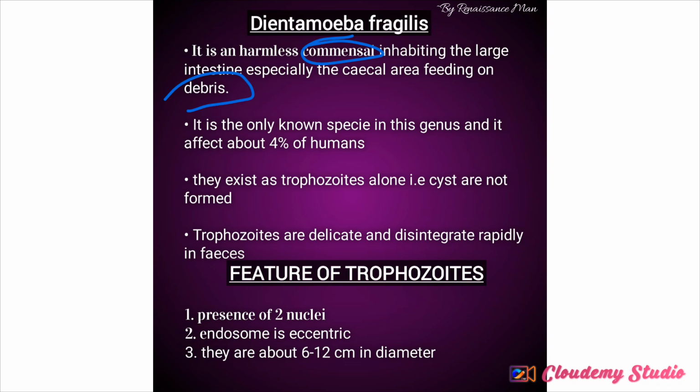There is nothing like a cyst. So they exist as trophozoites because initially an amoeba can exist in two forms. They can exist as trophozoites or a cyst.